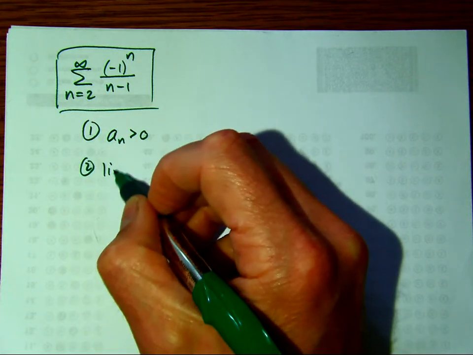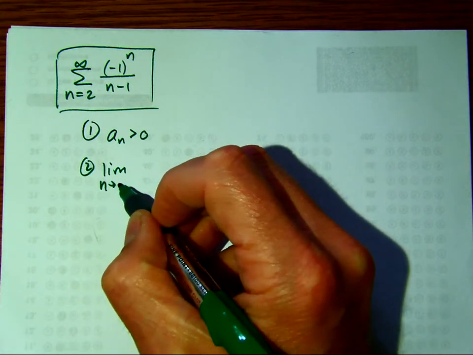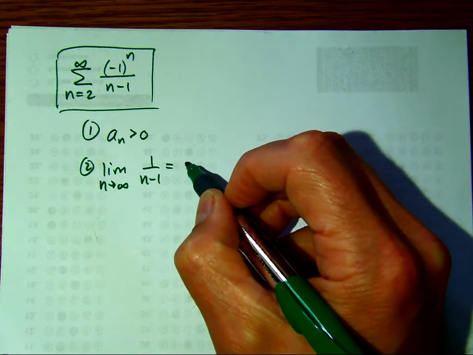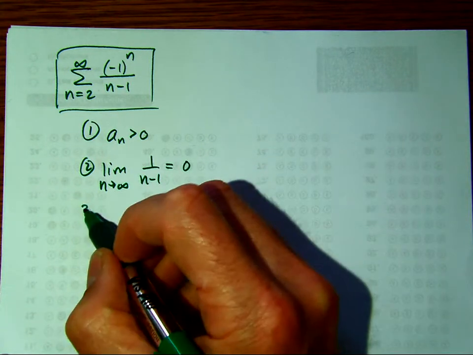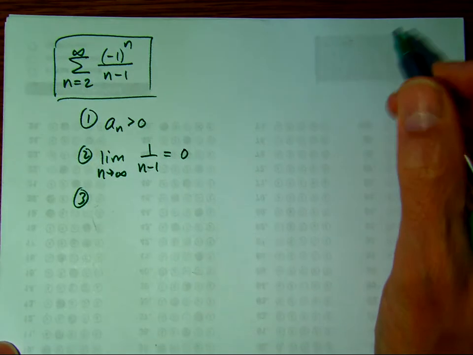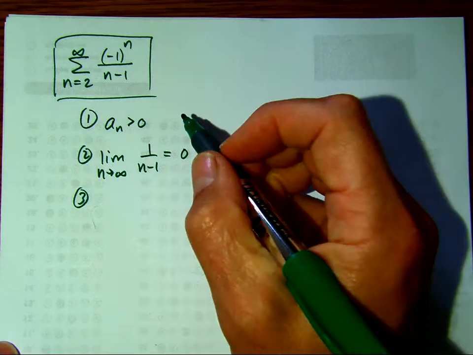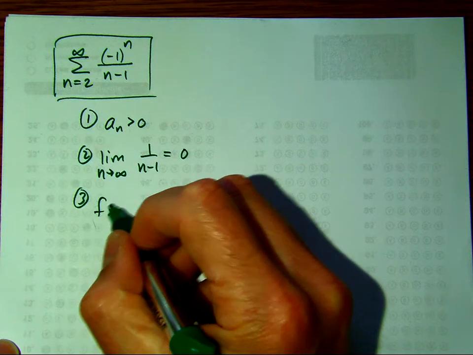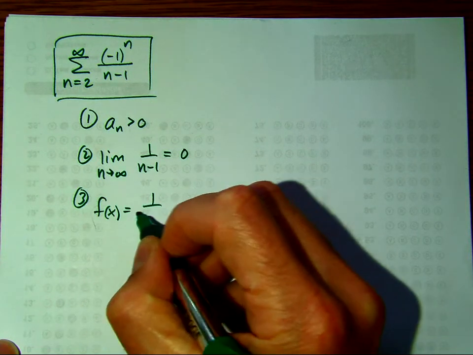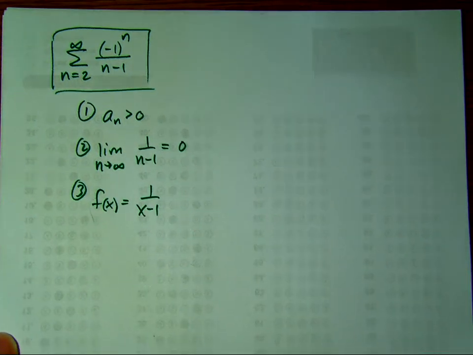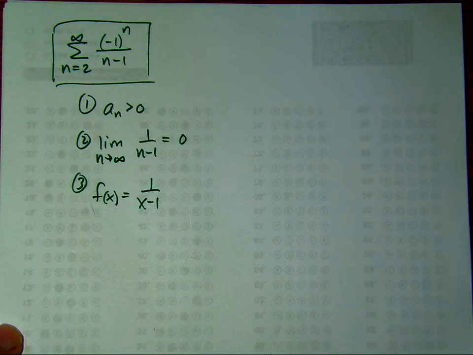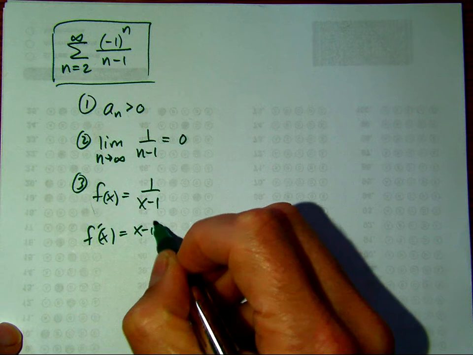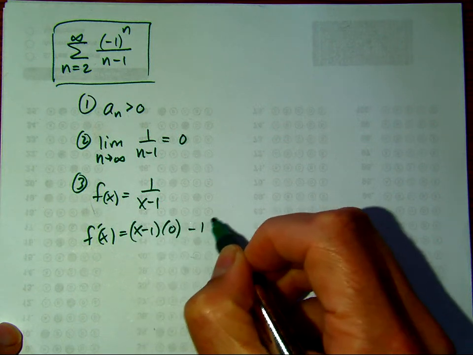What's the limit as n goes to infinity? 1 over n minus 1. The limit is 0. And then we just have to see that the sequence is decreasing. So we want to check this function to see if its derivative is negative.